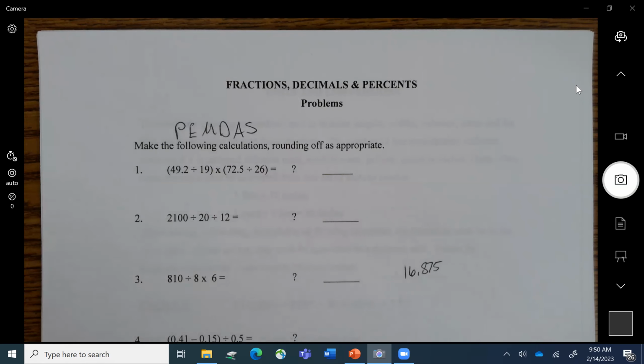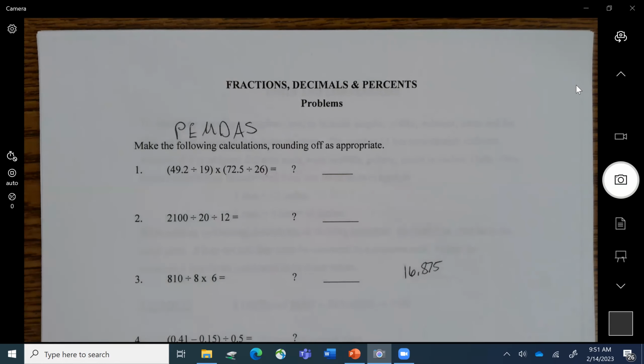So the reason that those are wrong is math is built in what I like to call the degrees of math, right? And what that means is the order that things should be done, if that makes sense. And they're wrong because you do not multiply before you divide. And let me show you what I mean.